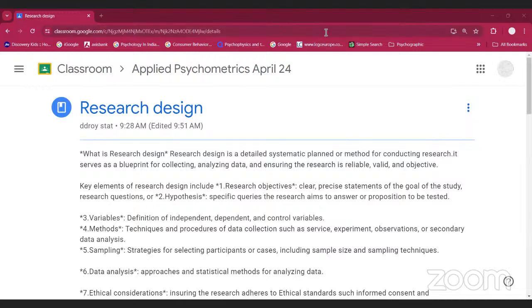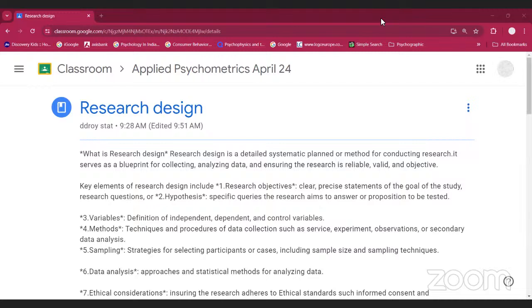Please read. Research design is a detailed, systematic, planned method for conducting research. It serves as a blueprint for collecting and analyzing data, and ensuring the research is reliable, valid, and objective.